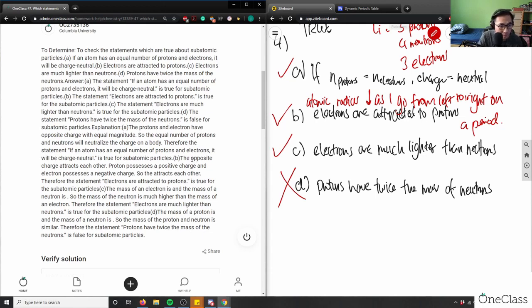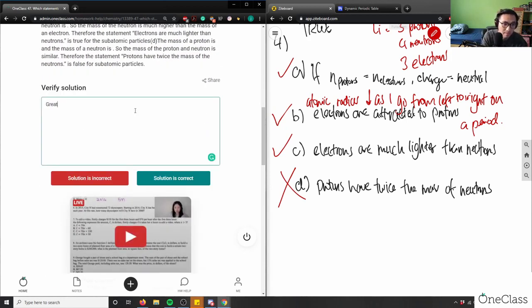B says opposite charges attract each other. That's good. C says the mass of a neutron is much higher than the mass of an electron. Good. And D says a proton is not twice the mass of a neutron; protons and neutrons have similar masses. Okay, this is a great solution.